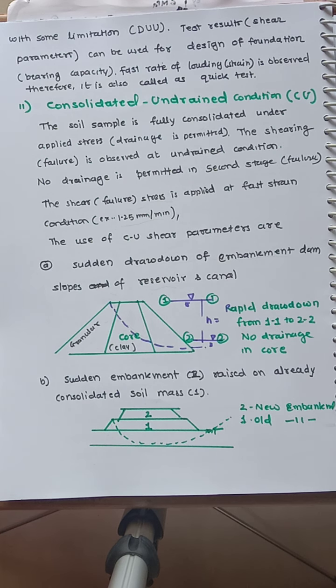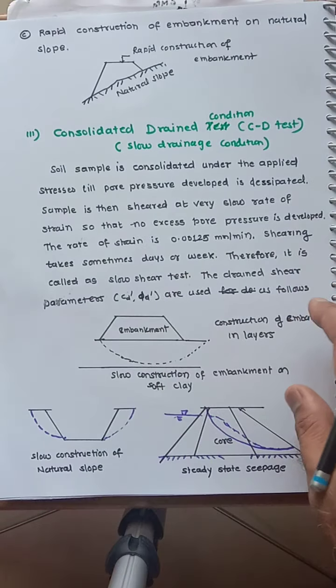Here the consolidated undrained shear parameters, C and phi, are used for the stability analysis. This is one of the most important conditions. In this condition, in the laboratory test, the pore pressures are measured, and that plays an important role in finding the shear parameters C and phi.